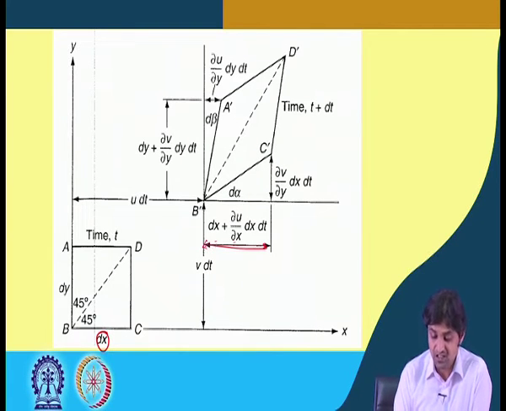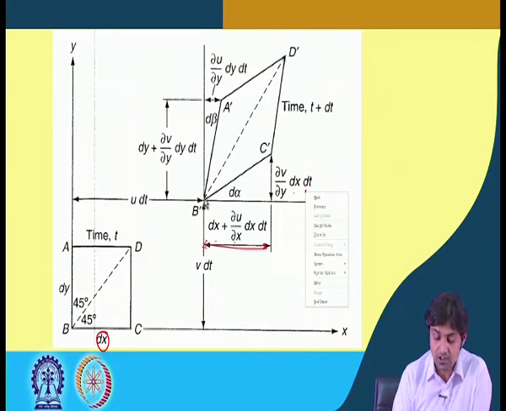So, this is the total distance. And the translation that this will have is only, see, this was at the origin, I mean this was at 0 before, correct. So, it will be del v del x into dx into dt. Similarly, from here to here, you see dy, it was already at y.